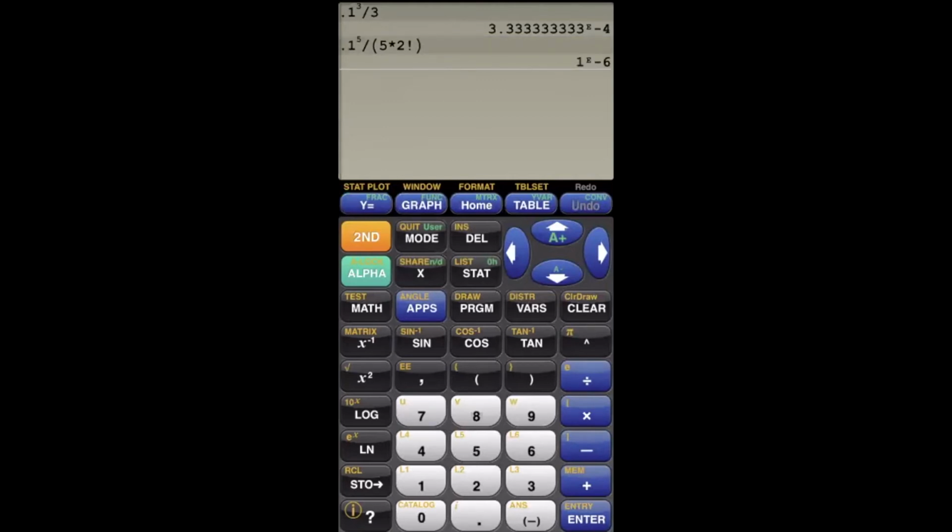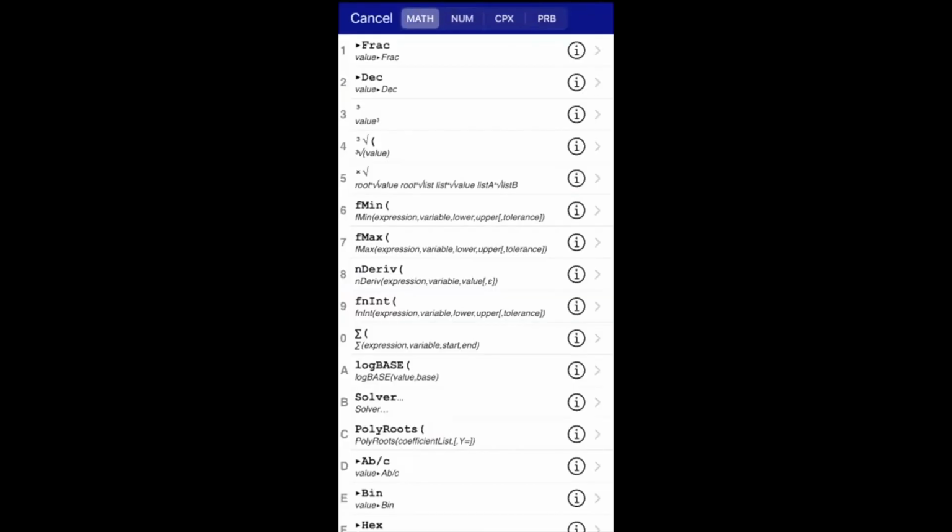Okay, that's 1 times 10 to the negative 6. We're getting close. Actually, I think the next term might do it. Let's see, 0.1 to the 7th divided by 7 times 3 factorial.